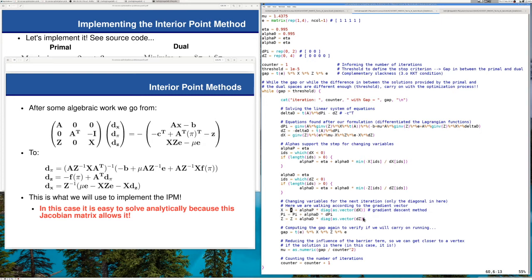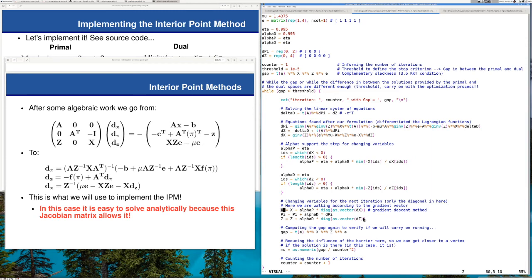Why I am using the diag of this matrix transformed in a vector, as you might notice, is because here, this is actually a vector. I'm just ensuring it is a vector because, you know, R has some problems with types, so I prefer to make sure this is a vector, and then I transform it into a diagonal matrix to sum up with something that is a diagonal matrix.